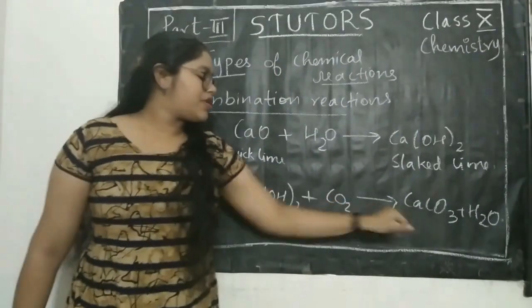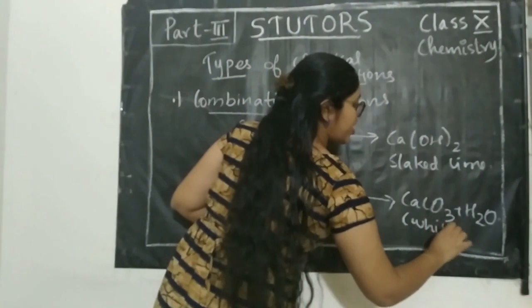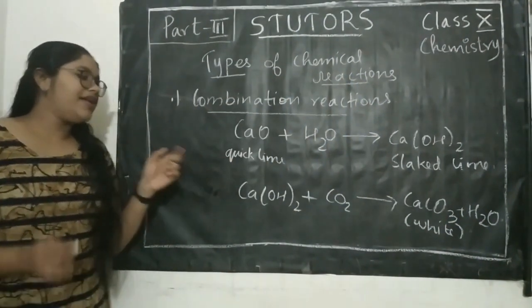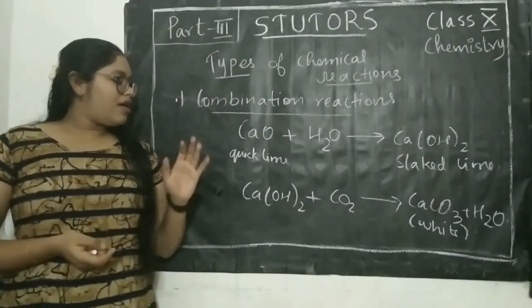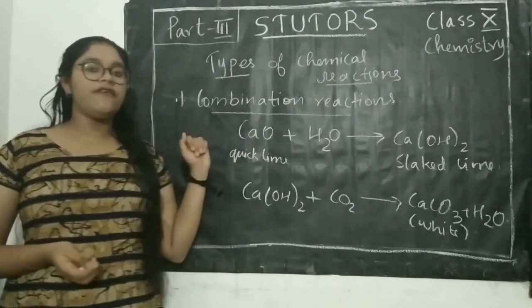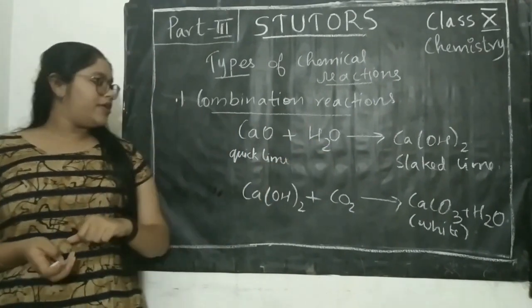And this calcium carbonate is white in color, which gives the white shiny appearance to the walls. Actually, it's a slow process and it occurs within 2 or 3 days. Hence, this is all about the first example, that is reaction of calcium oxide plus water gives calcium hydroxide.